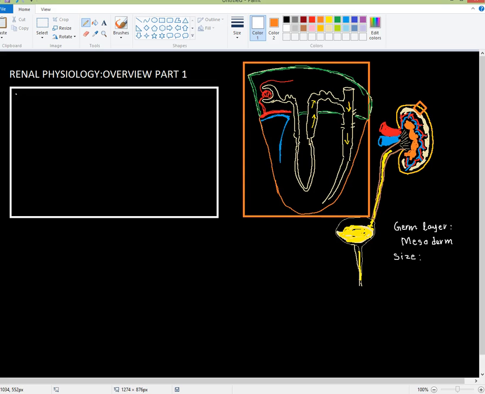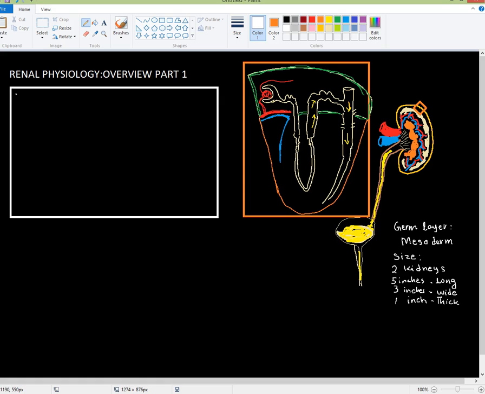A normal human being has two kidneys in the lower abdominal region, located on each side, and they're approximately 5 inches long, about 3 inches wide, and about 1 inch thick.